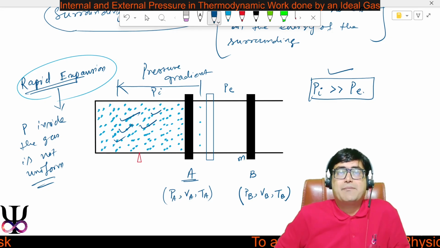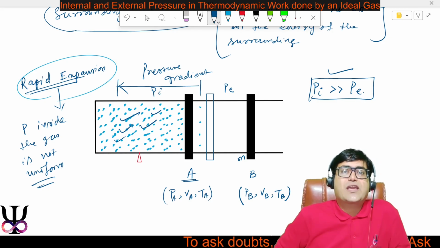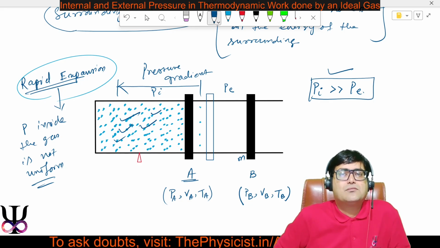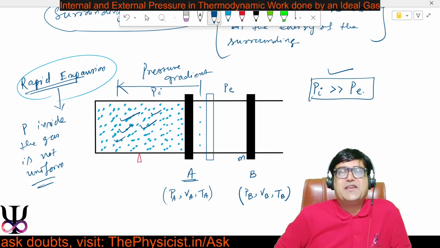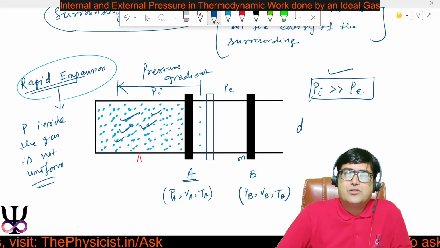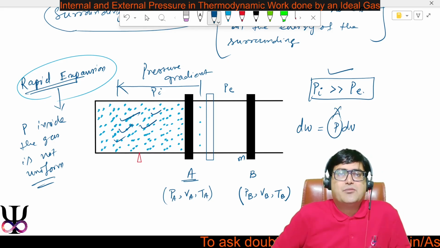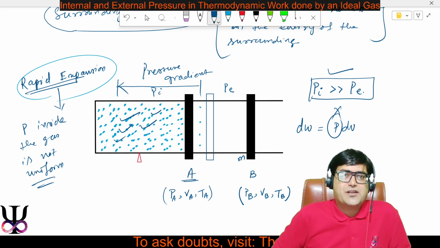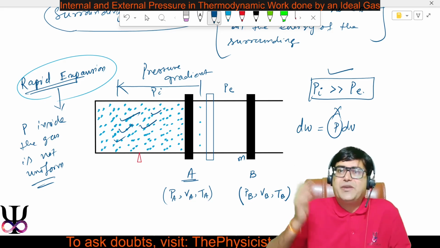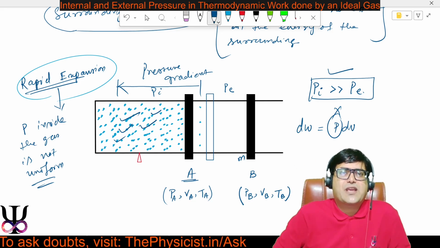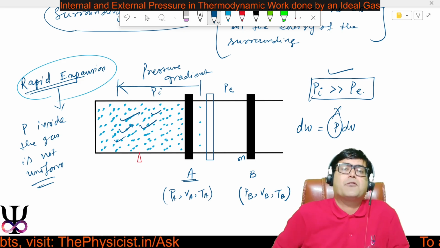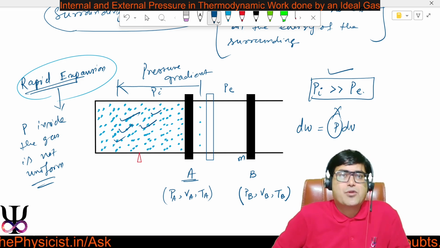So whether it's a rapid expansion or a compression, you cannot have a unique value for the internal pressure. I hope that is clear. That's why when you try to do dW equals PdV, the problem is here. You can't just take the pressure because you don't know what the actual pressure is, because the pressure is not uniform. P will not be considered to be the pressure of the gas because there is no unique pressure of the gas in a rapid expansion process.